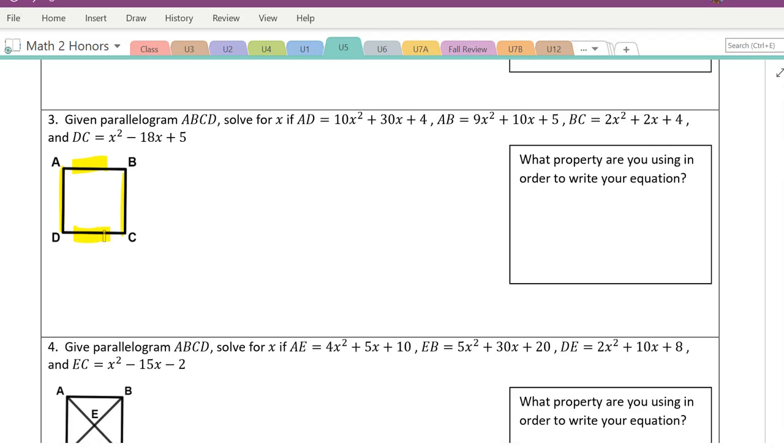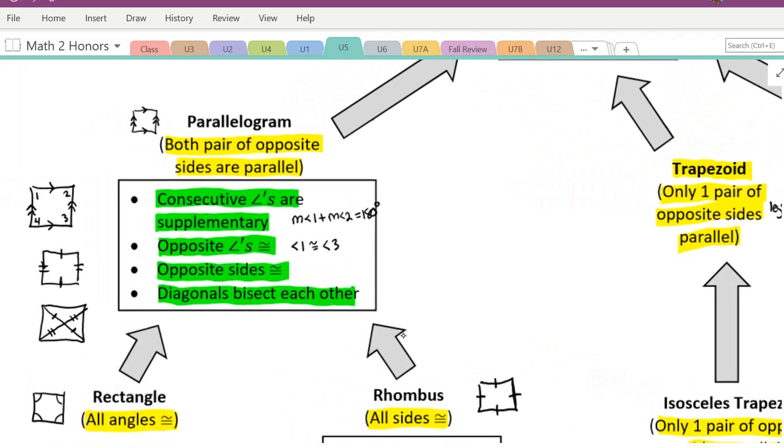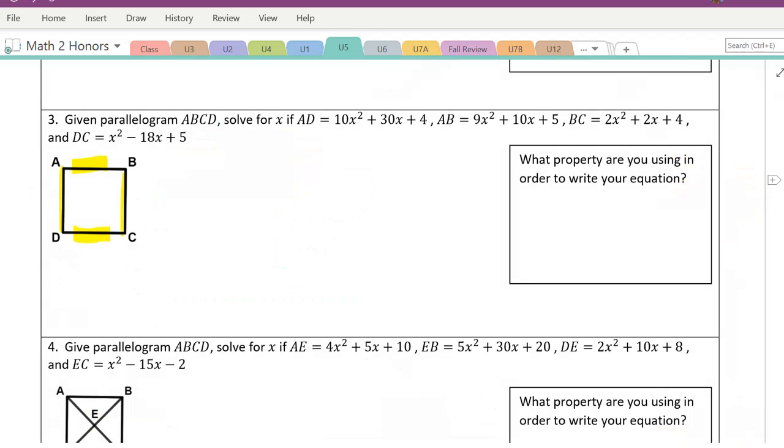And so we want to know, are there any properties about the sides of a parallelogram? And this is why I said you want to have all these properties memorized, and in particular for a parallelogram in regarding to its sides, there's only one property, and that's that opposite sides are congruent. And so we're going to apply that here.